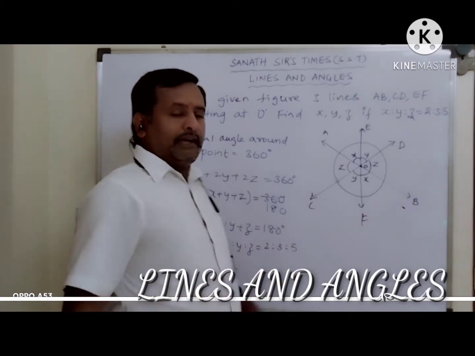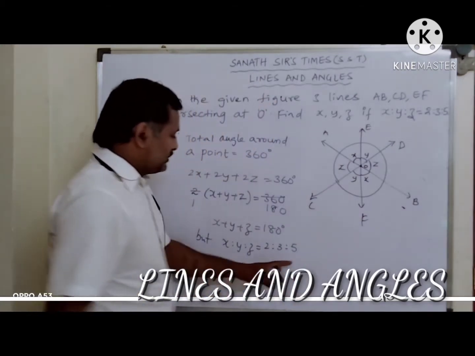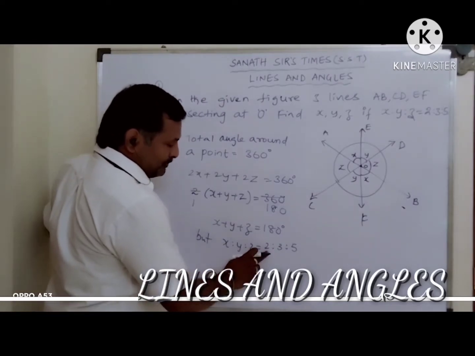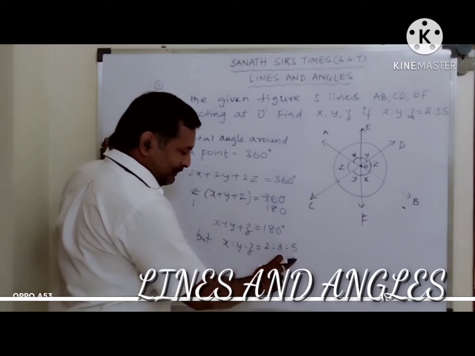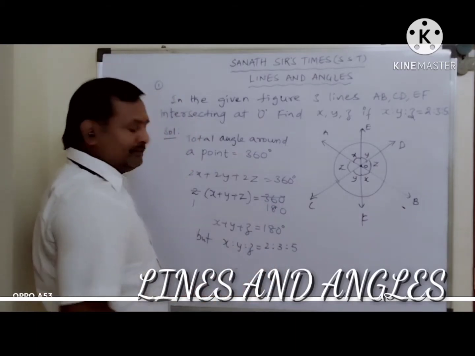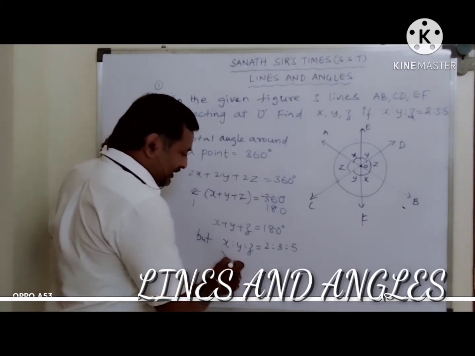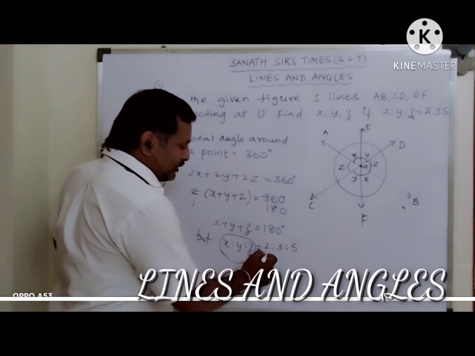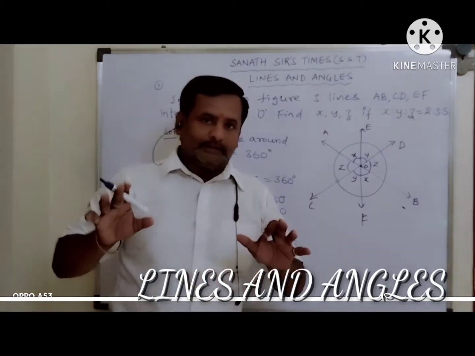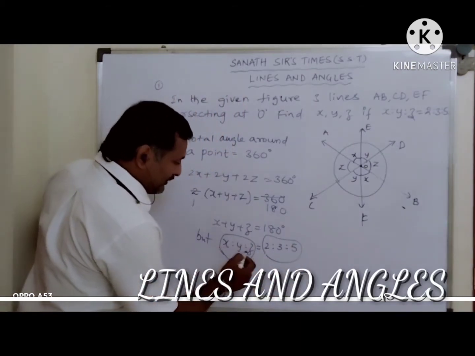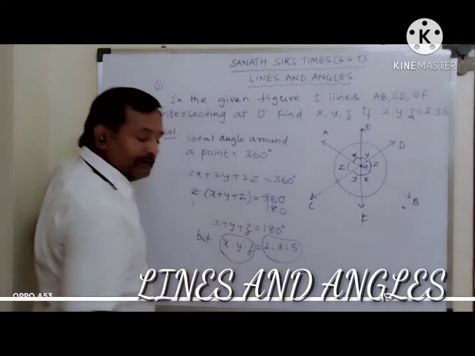Now let me recap the meaning of the ratio. If x is 2 parts, then y will be 3 parts and z will be 5 parts. So the sum of all these three is how many parts? 2 plus 3 plus 5, that is equal to 10 parts. What is the sum of all these three angles? 180 degrees.